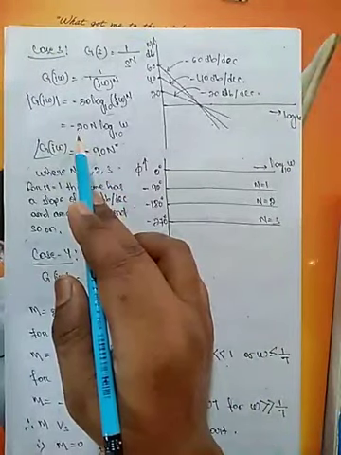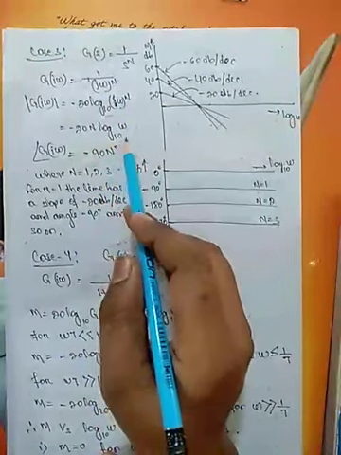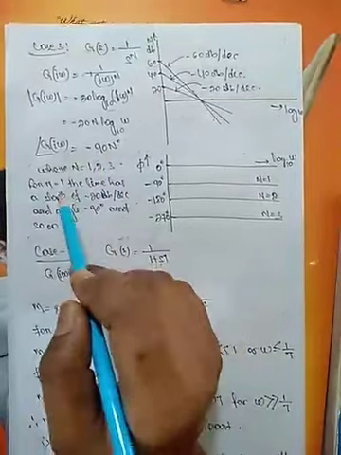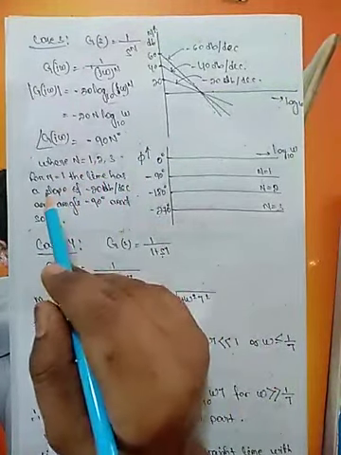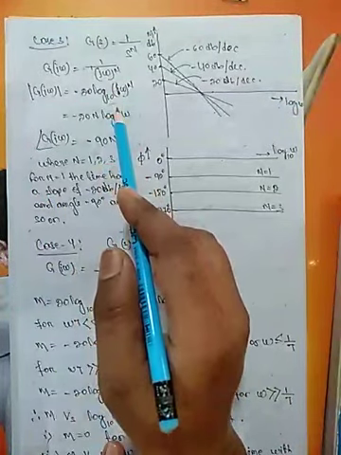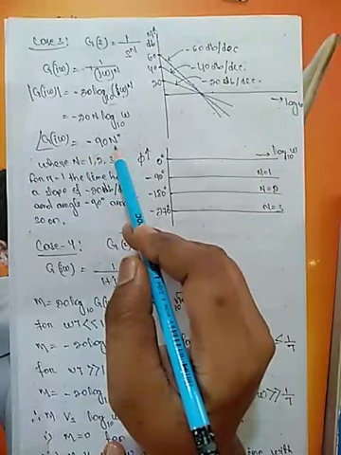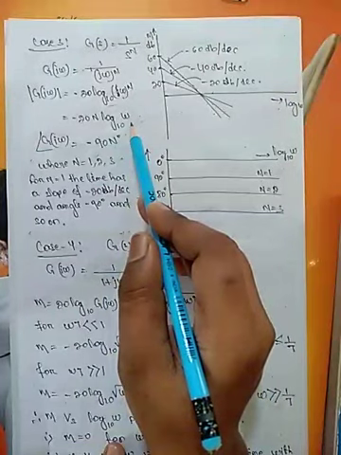So the magnitude for this equation is minus 20 n log base 10 omega, and phase angle is minus 90 n, where n is 1, 2, 3 and so on. From these two magnitude and phase angle equations, it is very clear that the nature of the curve is a straight line.